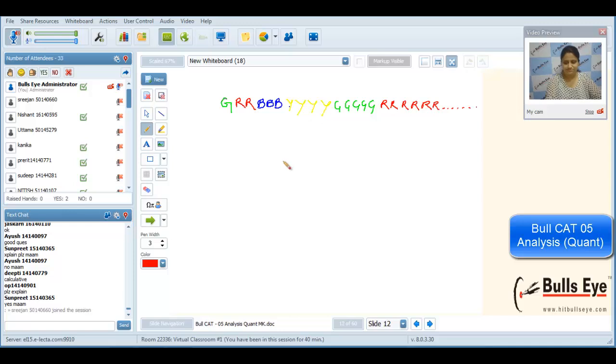What is my question? The question says, what will be the actual place of the 100th red ball?